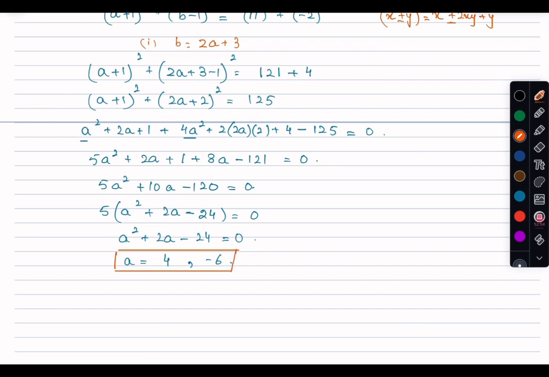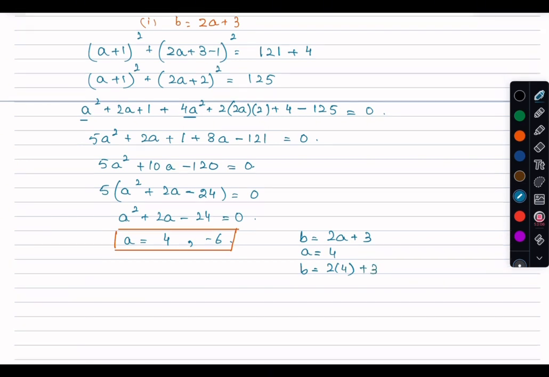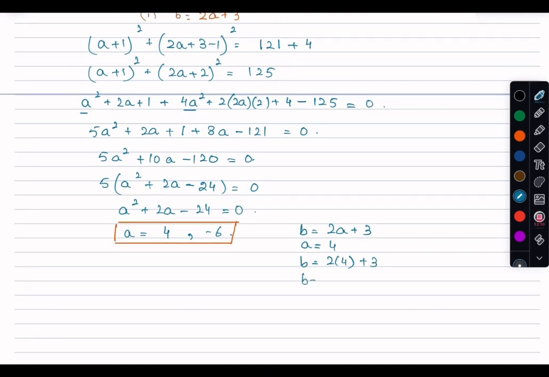For b, obviously, we know that b was equal to 2a plus 3. So when a is 4, b will come out to be 2 times 4, which is 8, plus 3. That will give me 9, 10, 11. So b will be equal to 11 here. And also, if I substitute a as negative 6, I can get the other value of b.